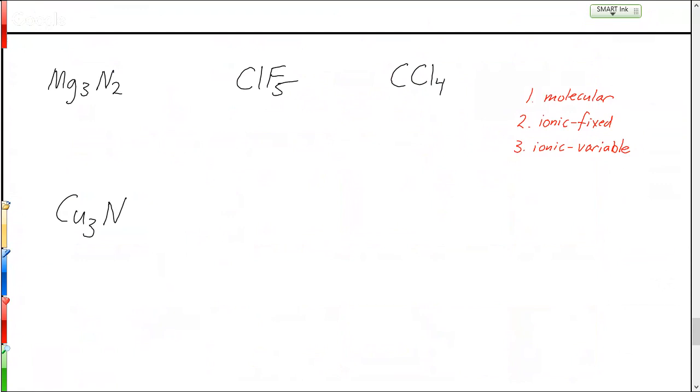So make a little note of category 1, 2, or 3 before you start naming it to remind yourself to use the right rules. And flip back in your notes if you need to refresh the rules and how you're going to do that.